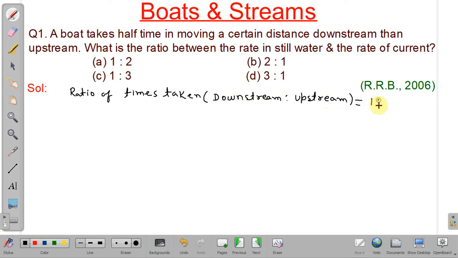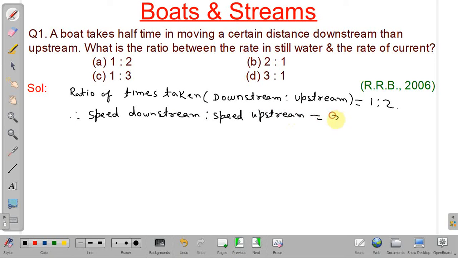So it will be ratio 1 ratio 2. Okay. Therefore speed ratio, that is speed downstream ratio speed upstream, will be equal to 2 ratio 1.